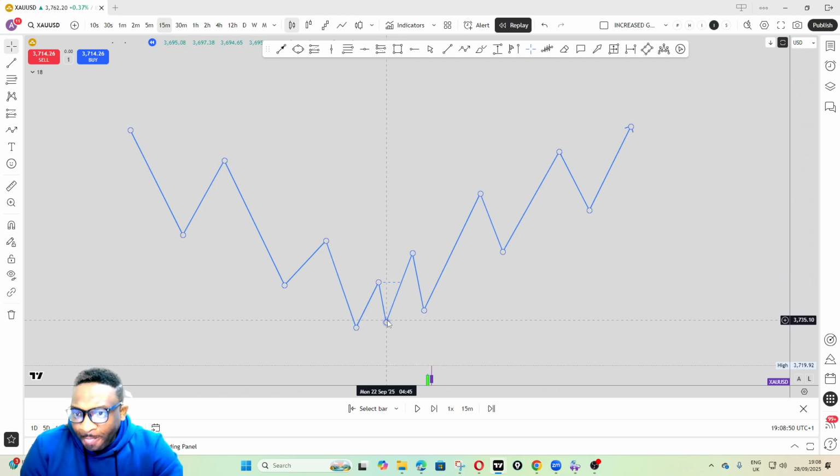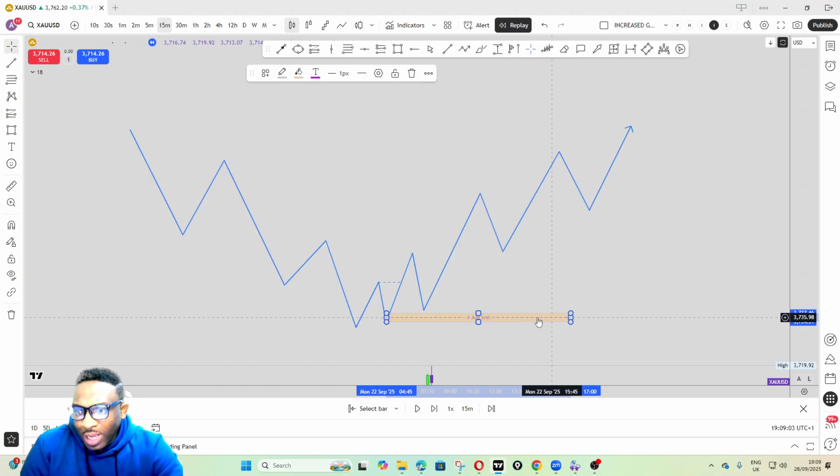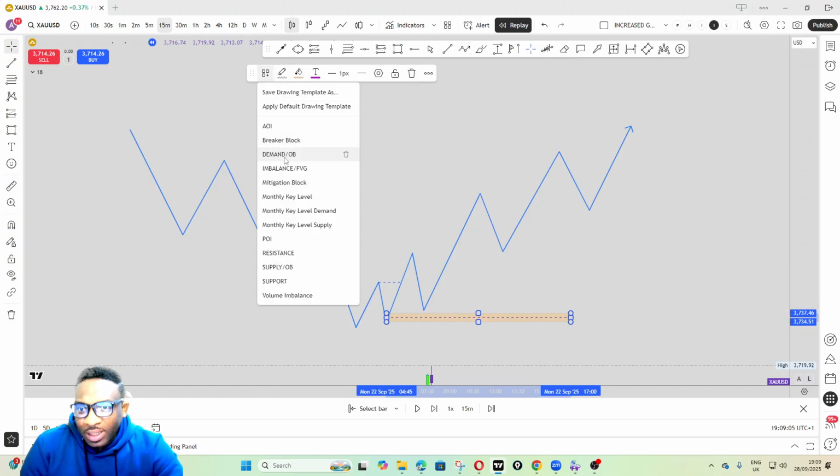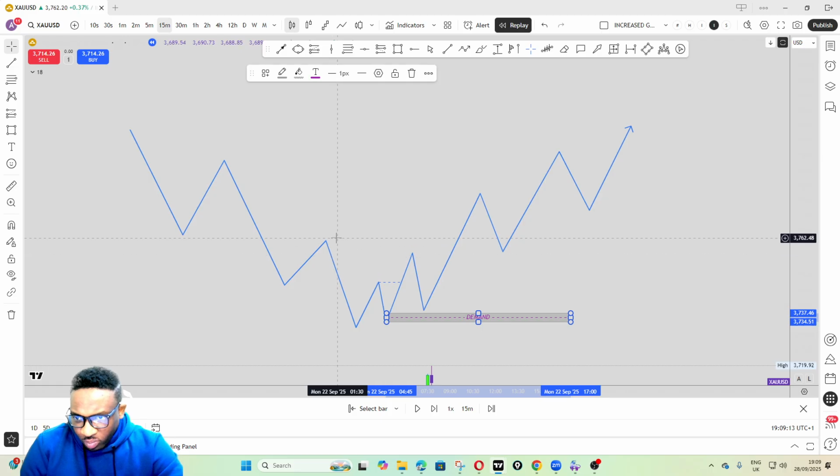So what we are interested in is the origin of this move that caused the break. The origin could be somewhere here, where you look out for the last indecision candle before the break or before the impulse move. This will be the demand area.